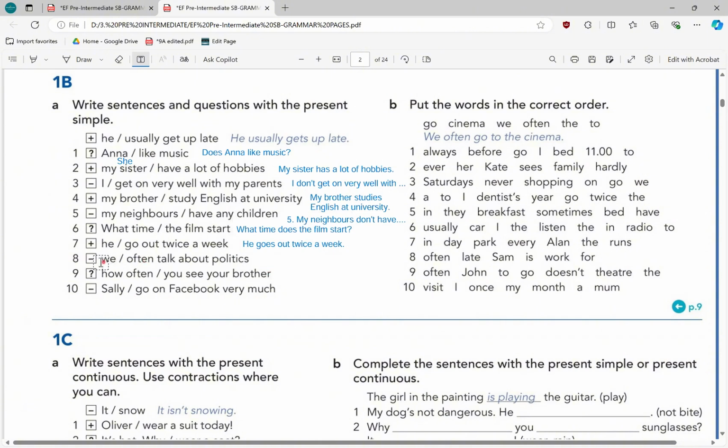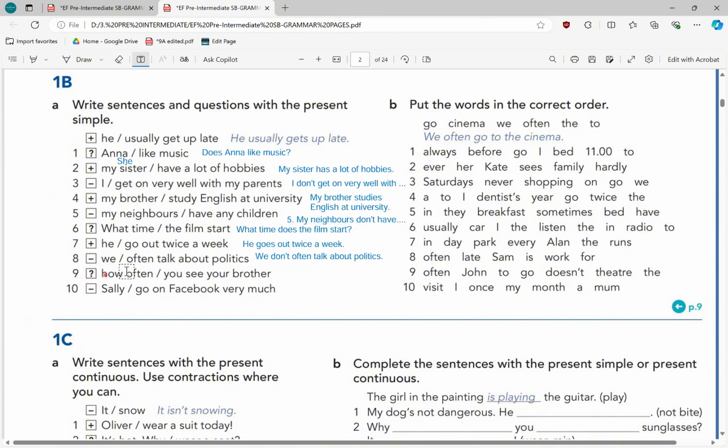Great. We, negative, often talk. So we don't often talk. Often, an adverb of frequency, should come before the verb all the time. So we don't often talk about politics.